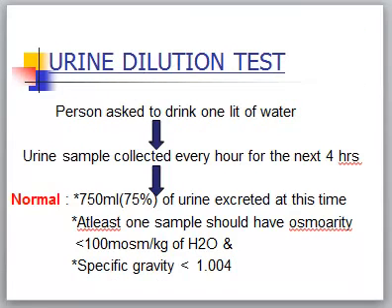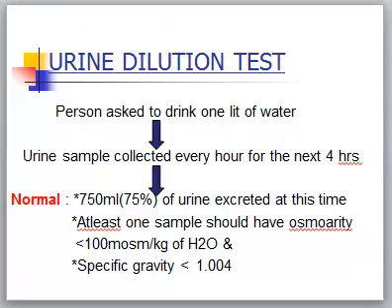Followed by urine concentration, we are going to see the urine dilution test. In the urine dilution test, the patient is not allowed to drink water or fluid after 10 p.m. The bladder is emptied at 7 a.m. the next day morning, and the patient is allowed to take a water load of 1.2 liters in half an hour.